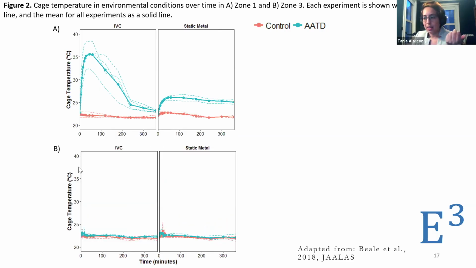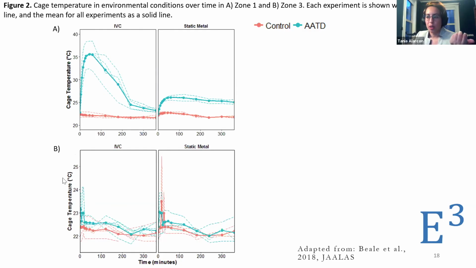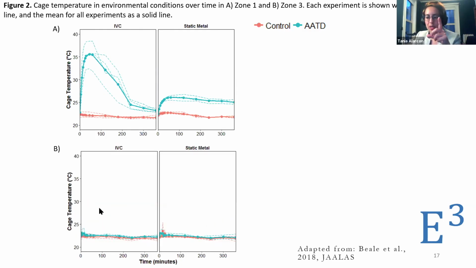And so I can easily show that with part B. And I could easily show that with this zoomed in scale versus the other scale. And since there was no statistical difference, there was no need for me to zoom in.